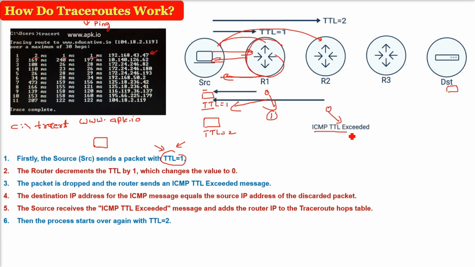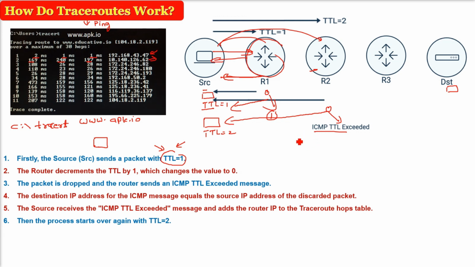This again instigates an ICMP reply, and now you will get the reply from router 2. The 3 packets we sent will come back from the IP 10.140.126.62, in this case R2.